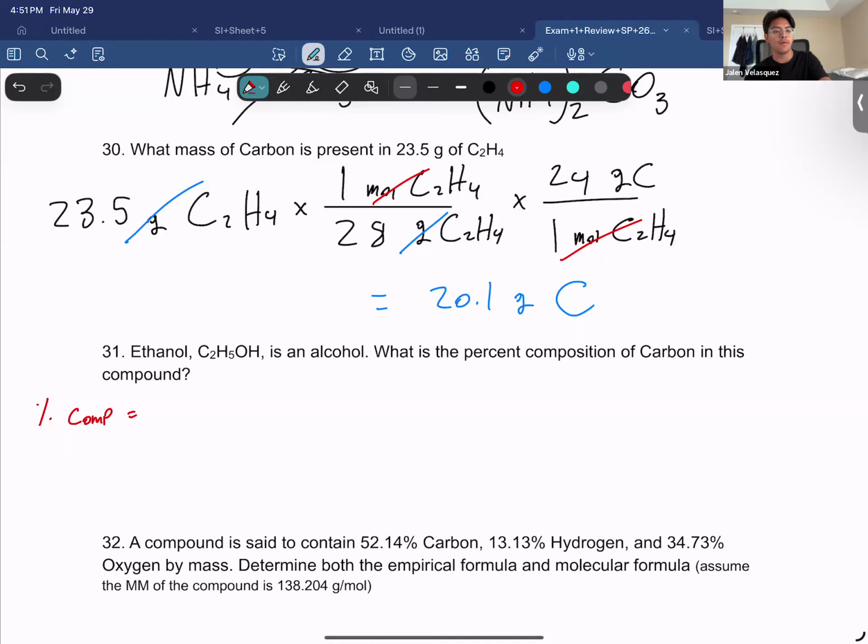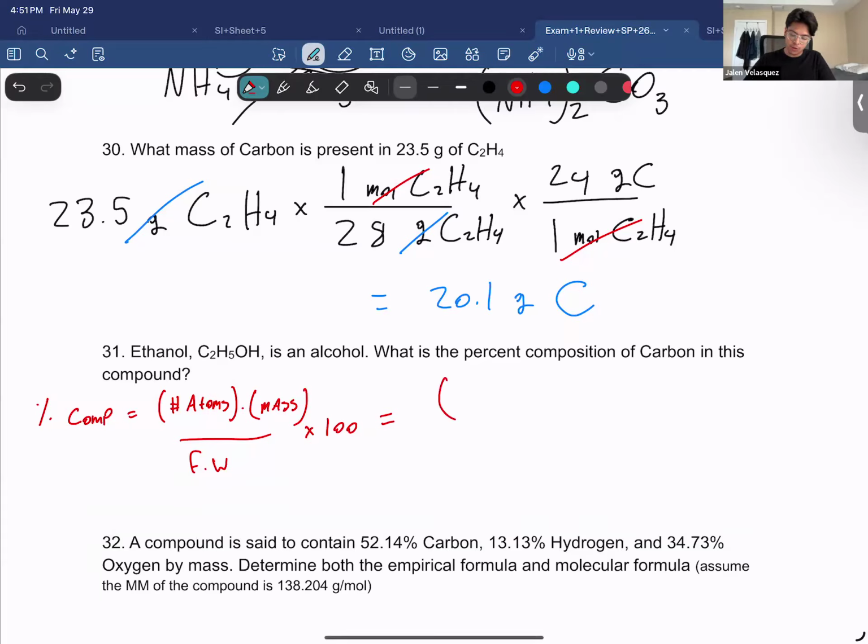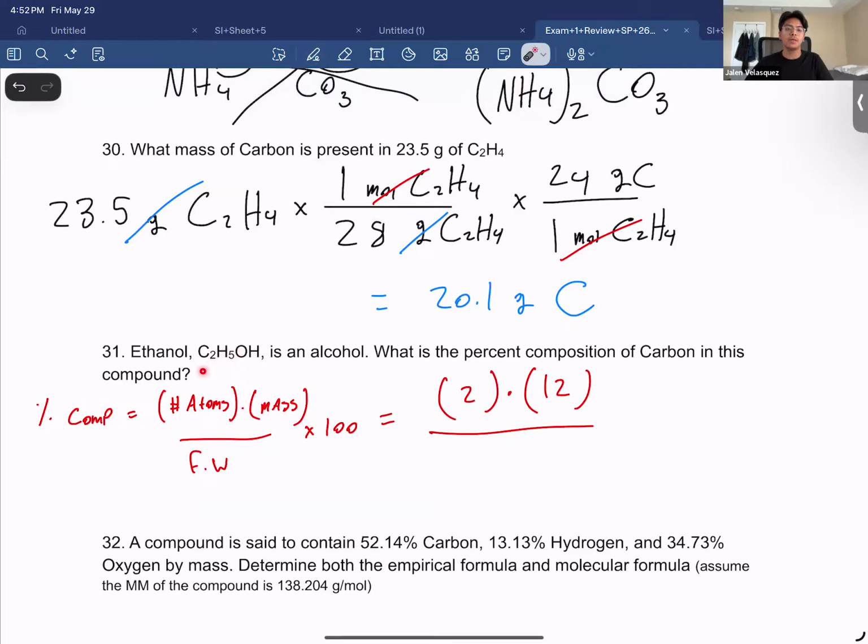Okay, so remember that percent composition is the number of atoms times the mass, divided by the formula weight of the entire compound, times 100. We're looking at carbon here. We have two carbon atoms. Carbon's mass is 12, divided by the molar mass or the formula weight of this entire compound. So you do 12 times 2 plus 5 plus 16 plus 1.